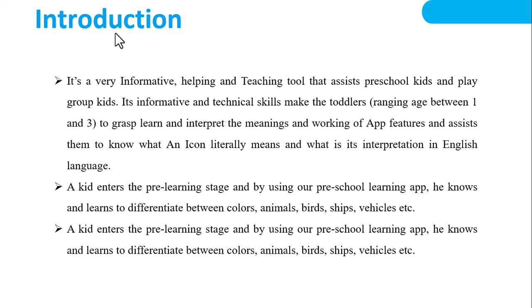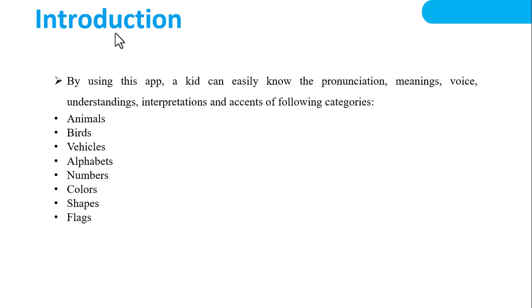Now, point three is a kid entering the preschool learning stage, and by using our preschool learning app, he knows and learns to differentiate between colors, animals, birds, ships, vehicles. By using this app, a kid can easily know the pronunciation, meanings, voice, understandings, interpretations, and accents of the following categories.